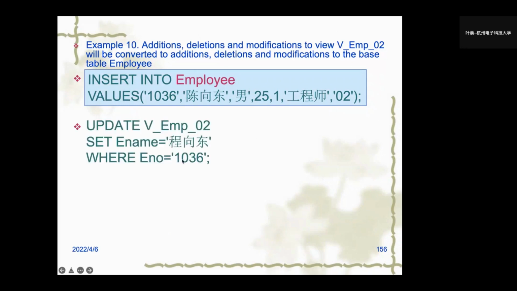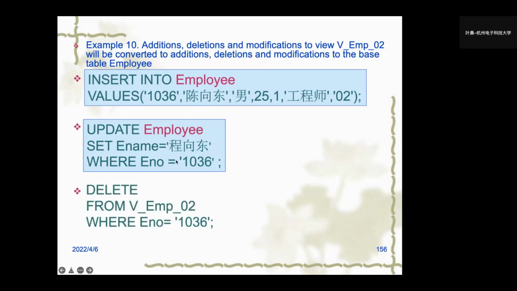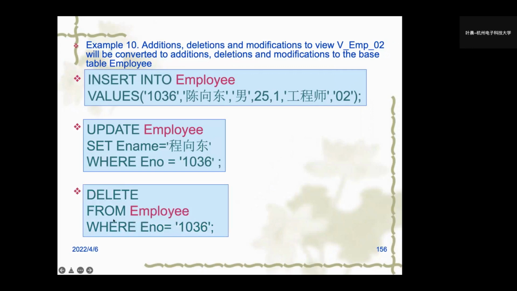Similarly, if you do update operations, it is equal to updating the tuples' information in the basic table. It is also the same if you want to delete tuples from a view: it is equal to deleting the tuples from the basic table.